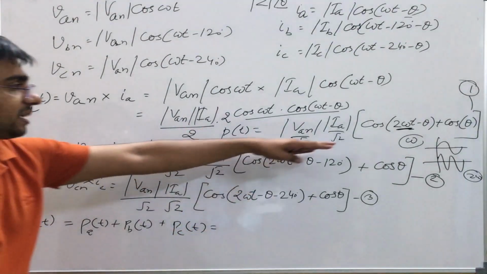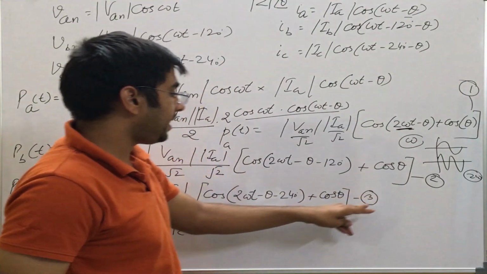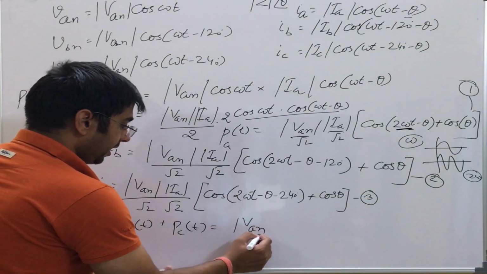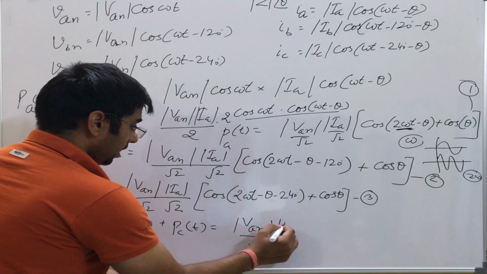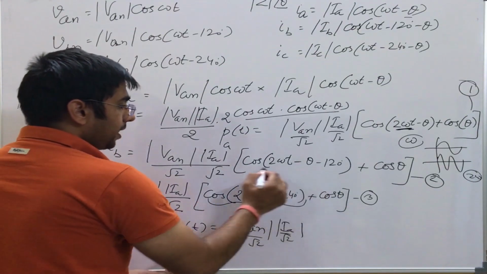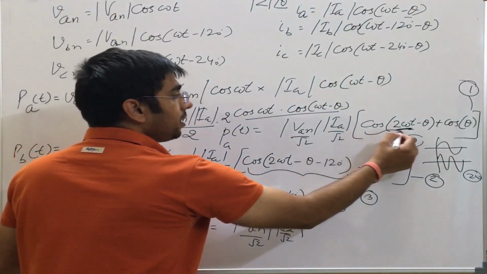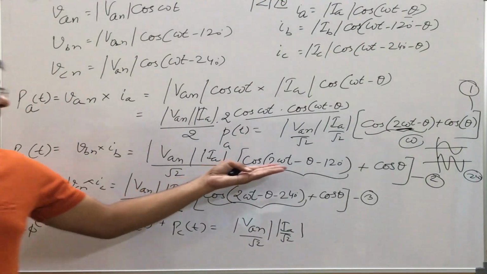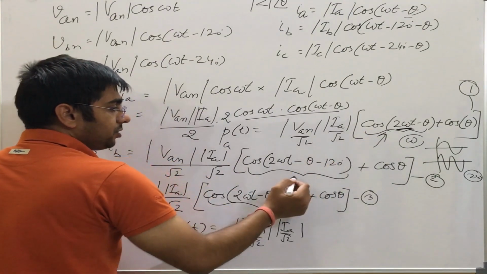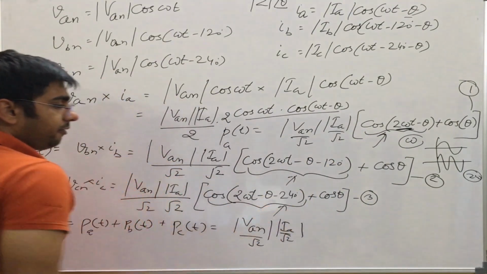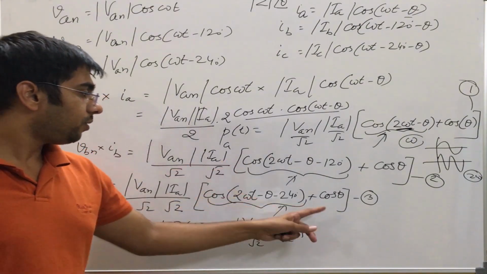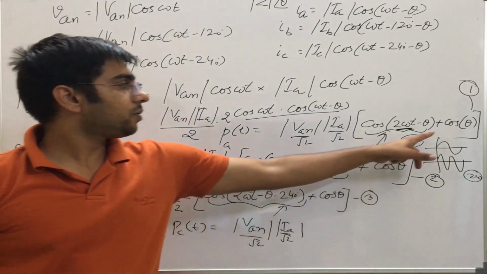On summing equations 1, 2 and 3, I will see it comes out to be VAN by root 2, IA by root 2, and this part, which is time dependent, you see it is making a balanced three phase. The sum of these three, 1, 2 and 3, will come out to be 0. And the remaining part will be only cos theta in this, cos theta in this and cos theta in this.